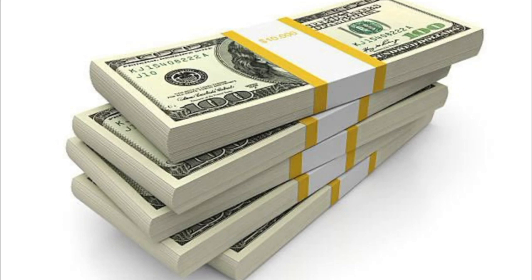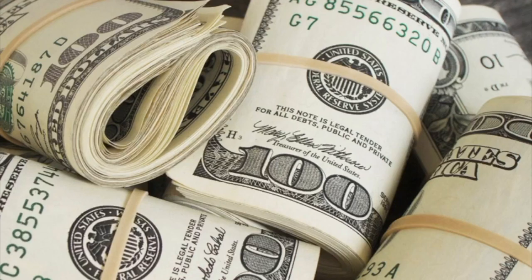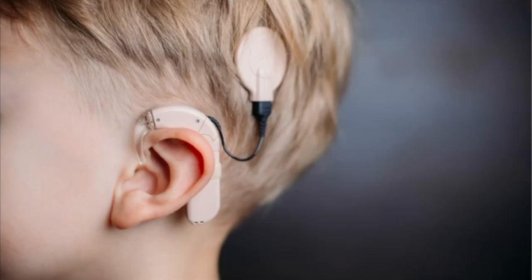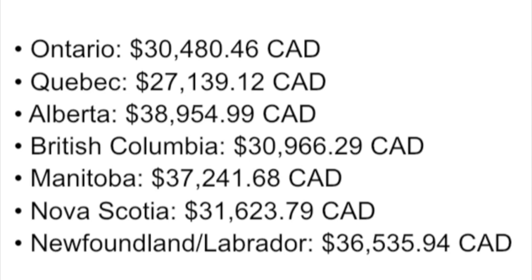The average cost of an FM listening device for those who may choose this treatment option can cost up to several $1,000s, and in the United States, the average cost of cochlear implants can range from $30,000 to $50,000. Here are some of the cochlear implant costs in Canada as of 2022.